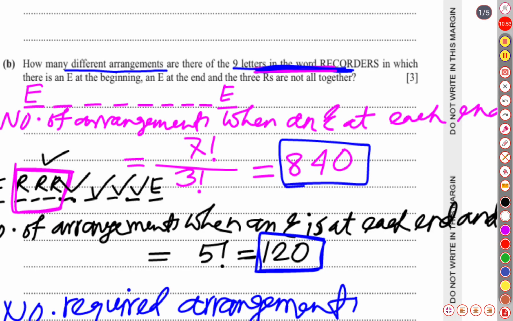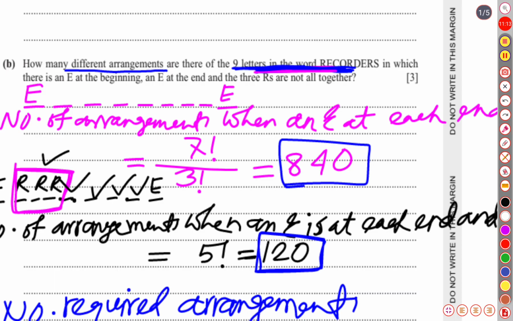This indicates all three may not be together, but two R's can be together. So we'll have to find the number of arrangements for two R's together, and for no R together. Then all of them will have to be calculated. That's why this is the simple way.